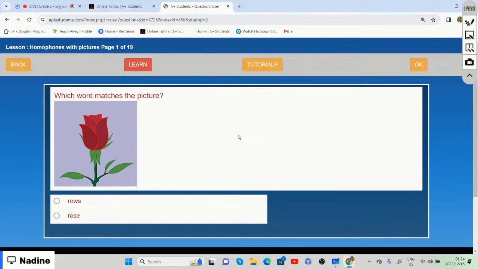So if we look at that word, is it rose the first word or rose the second option? So the first option rose or the second option rose? What is the correct answer that matches the picture?